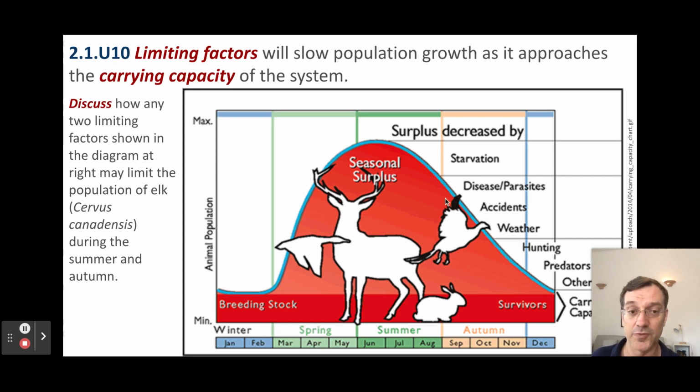The organisms that are healthiest resist disease and parasites and survive. The organisms that are most adapted to finding enough food to survive, they can survive and breed again. The organisms that are most afraid of people tend to avoid being hunted, and they survive to breed again. That's the idea of the carrying capacity.